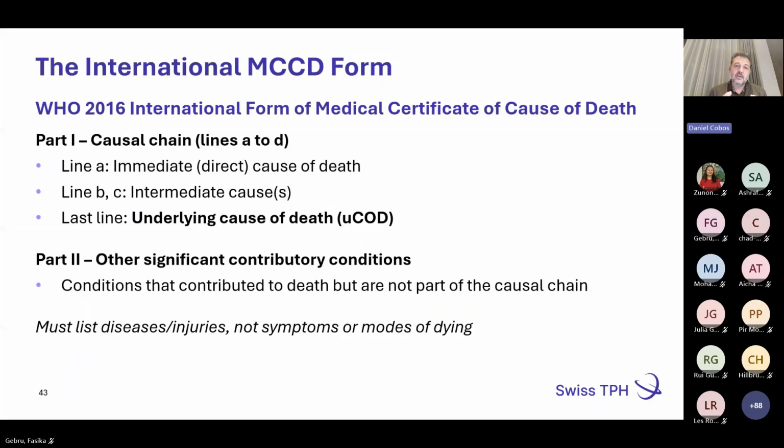But in principle, it's a doctor that says, look, this person died because of this immediate cause of death that was due to this cause that originated in this underlying cause of death. And that sequence is essential, because this is what helps us link the underlying cause of death with the ICD code, the International Classification of Disease code. So if we don't use this sequence, then it's not very useful.